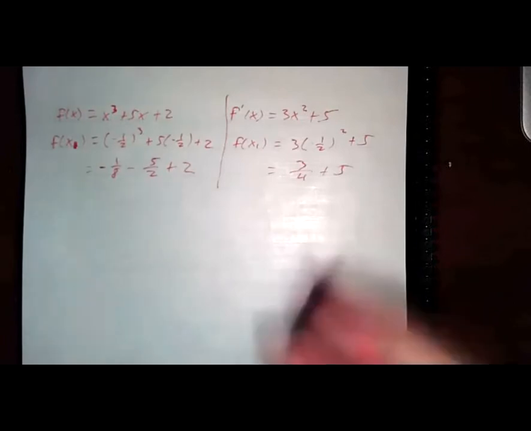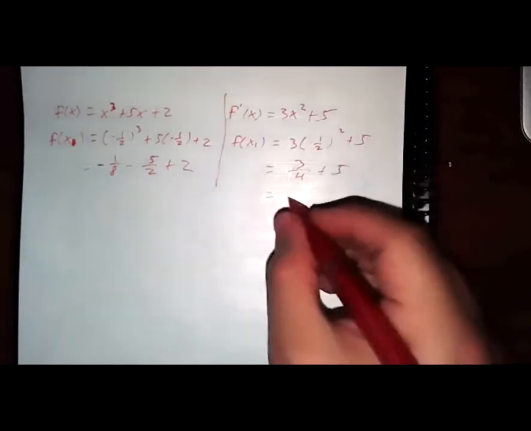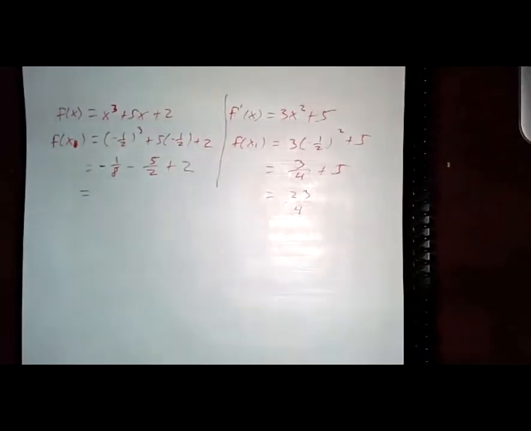Times 4, this is 23/4, right? This one, I'm going to get my calculator because I'm getting lazy. Negative 1/8 minus 5/2 plus 2.